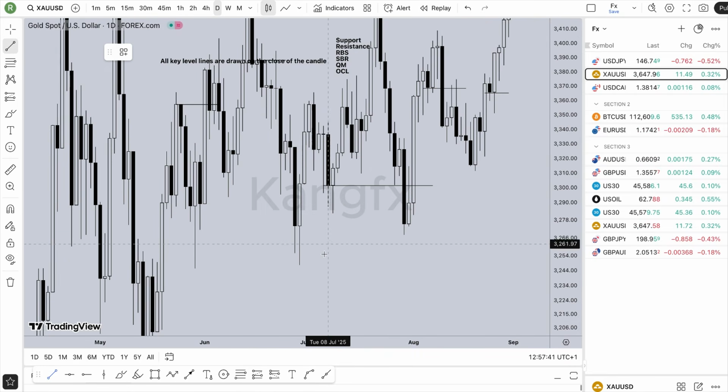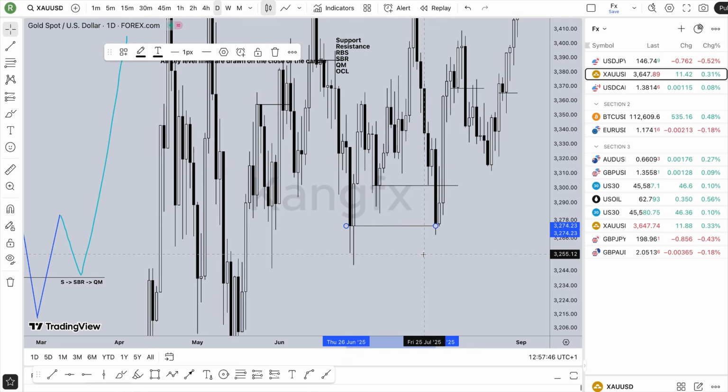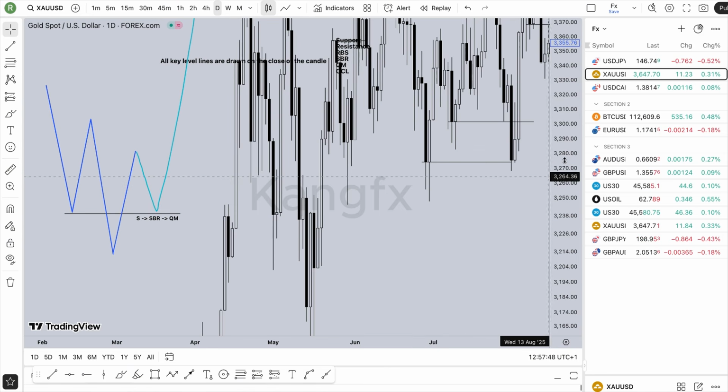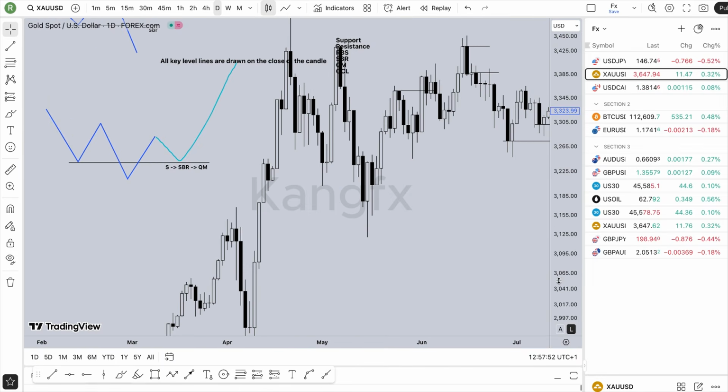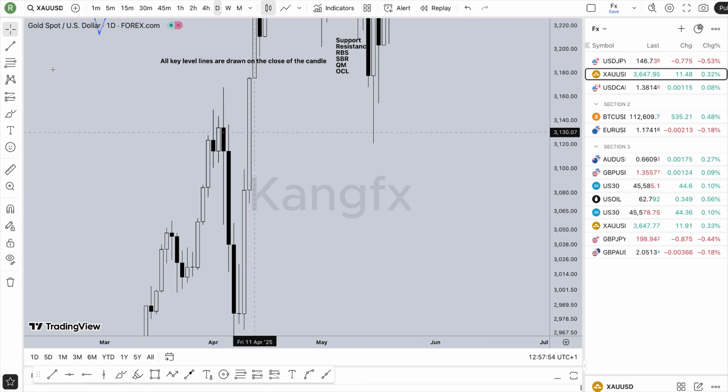This area here is a support, this is a support. See how the market respected it? Now we've been able to identify support, resistance, and QM. This area here was resistance, this was a QM, because this was the resistance before.